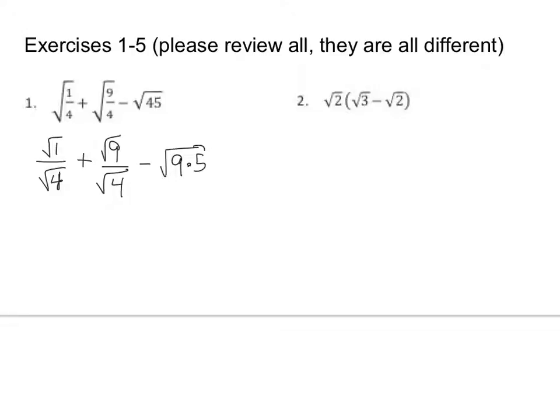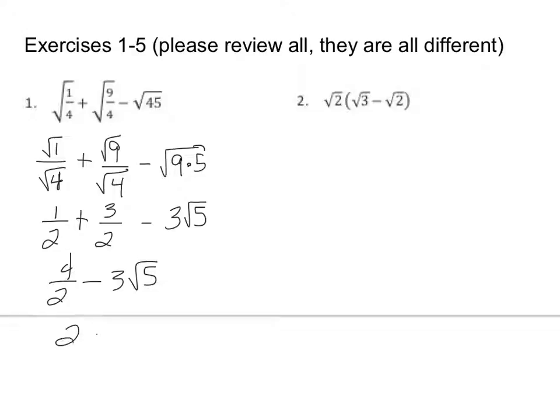So the square root of 1 is 1, the square root of 4 is 2, square root of 9 is 3, square root of 4 is 2, and then the square root of 9 is 3, with square root of 5 left underneath the radical. 1/2 plus 3/2 is 4/2, minus 3 square roots of 5. 4 divided by 2 is 2, minus 3 square roots of 5.